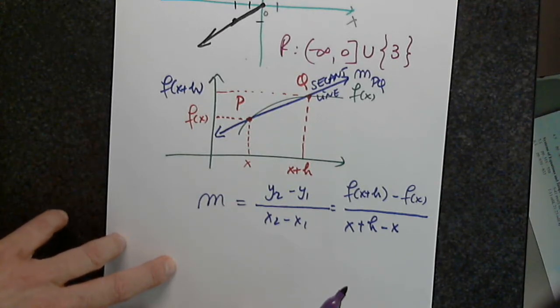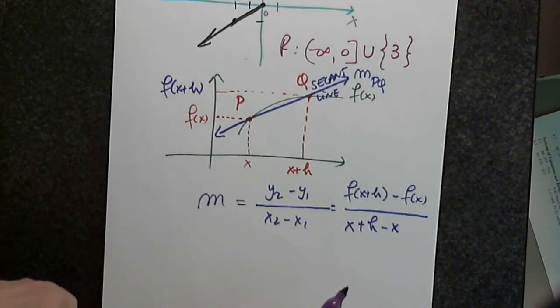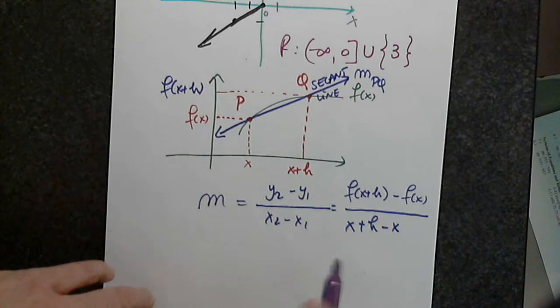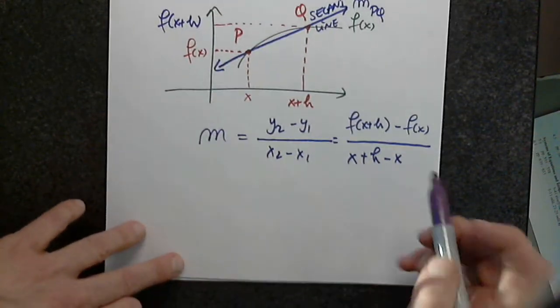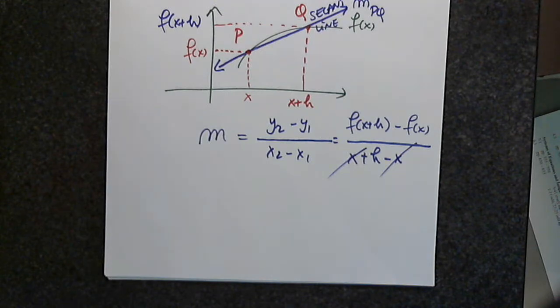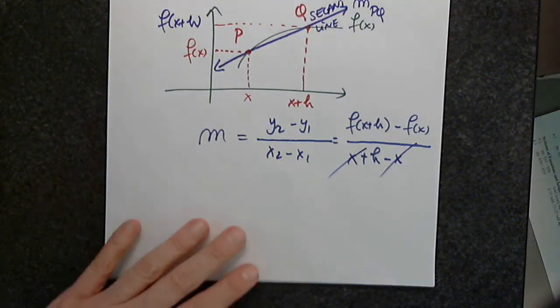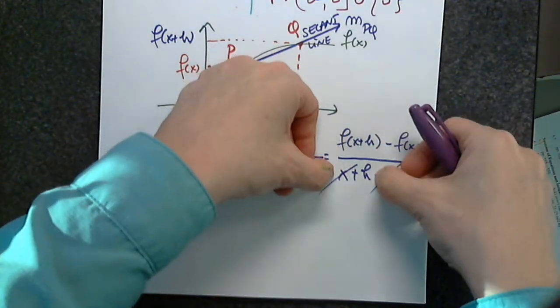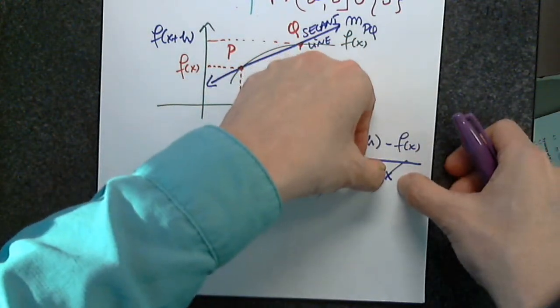If I put x minus x plus h on the bottom, would that be wrong? Yes, because these two will go away. You have to subtract. x is x1, it has to go in that order. Does that make sense? So x plus h with x plus h, x with x.